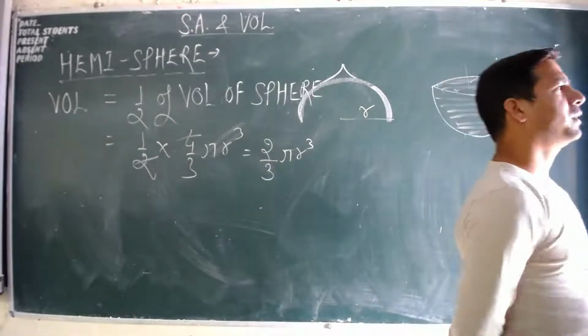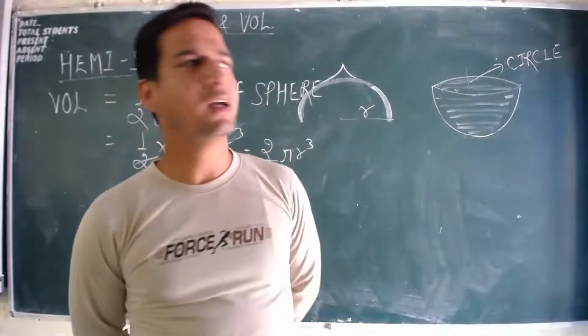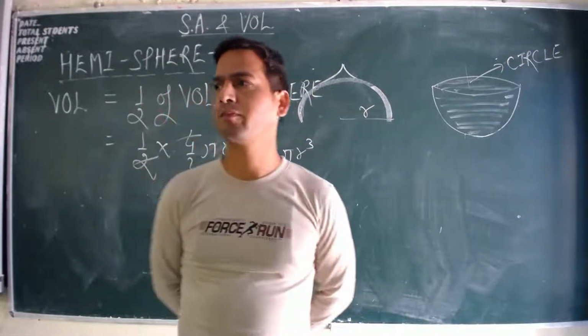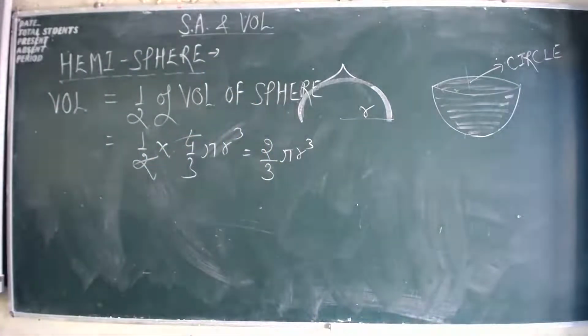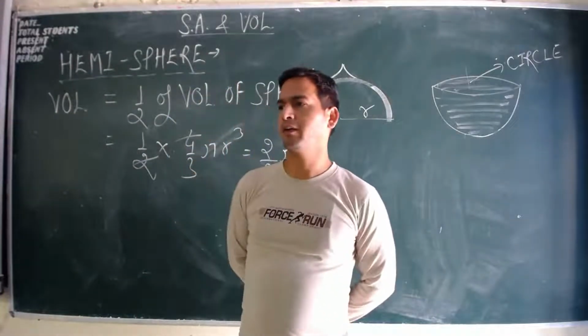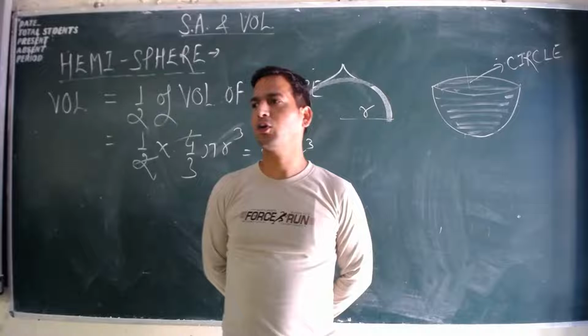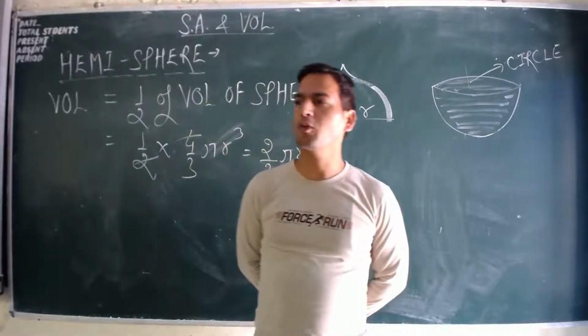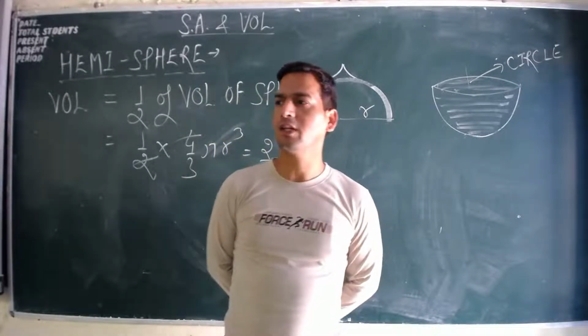Think correctly and reply to me. What will be the lowest part of this hemisphere? No one has replied. In the case of sphere, I told you what are the lowest and topmost parts of the sphere. Similarly, now tell me what is the lowest part of this hemisphere?